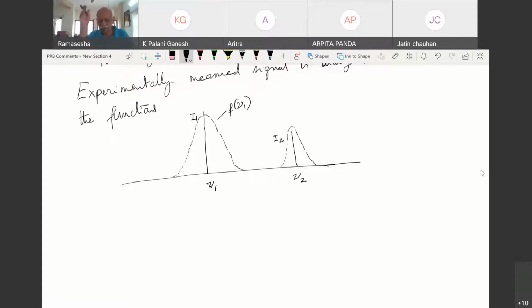The signal f of this function, actually, so this is actually u2 minus u0.